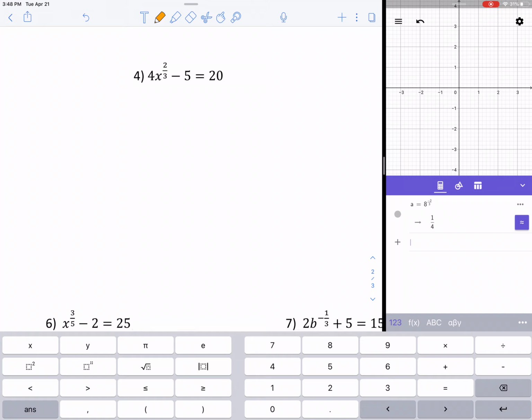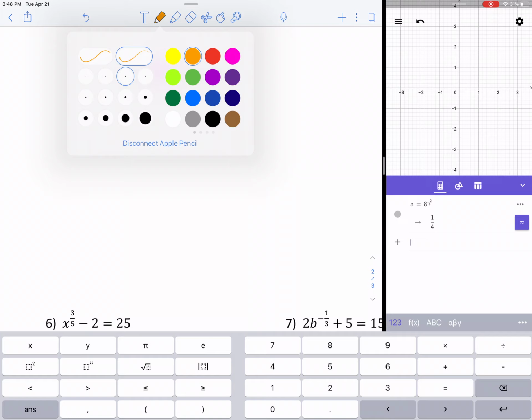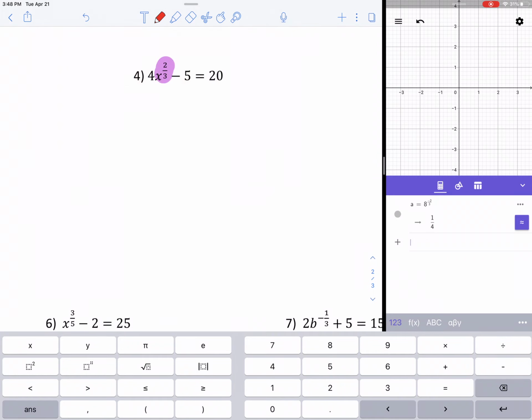Number 4, what do I have to do to get the power by itself? The x to the 2/3. Again, 2 steps here now, because there's the 4 in front and the minus 5. So like I said before, we're first going to undo the addition here. Get 4x to the 2/3 power equals 25.